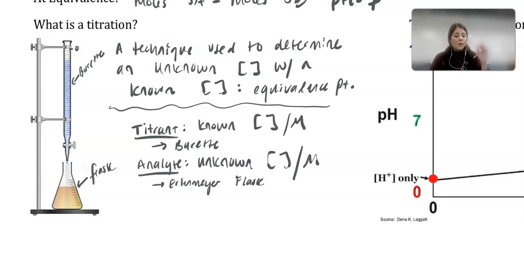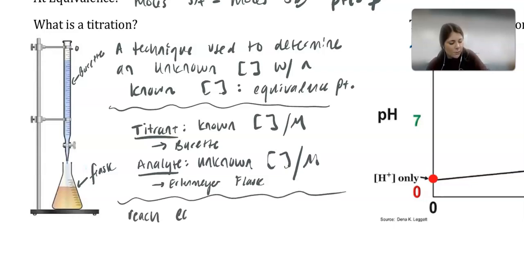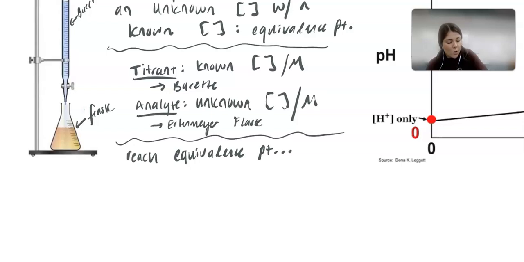So, this doesn't only go with a strong acid, strong base, but once we have reached equivalence point, and again, this can be for any titration, we can actually use M1V1 equals M2V2.